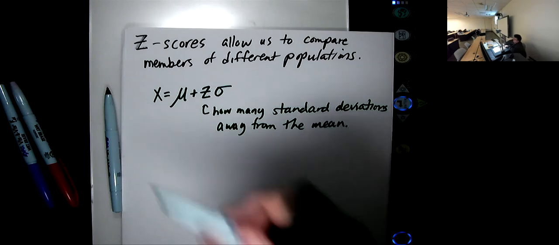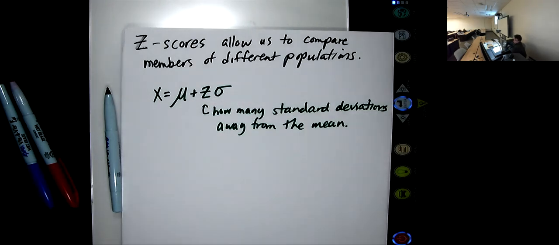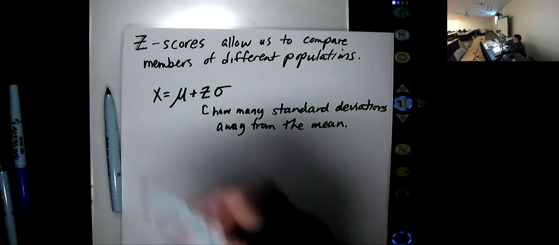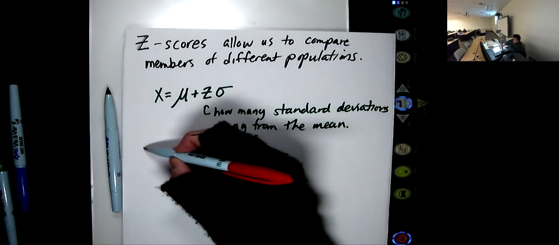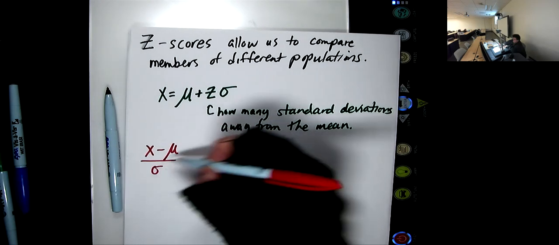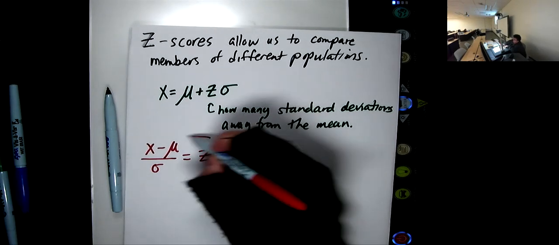If we do a little bit of fancy solving to get z by itself, and when I say fancy, I mean algebra, we subtract mu over to the other side, divide by sigma, and that's the formula for the z-score.